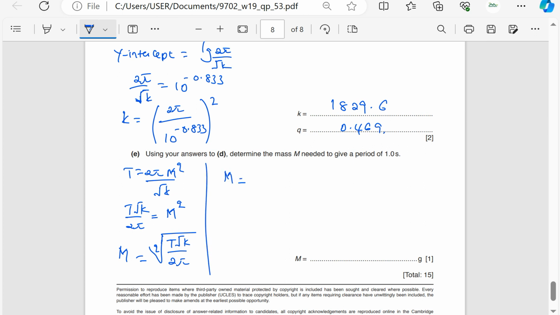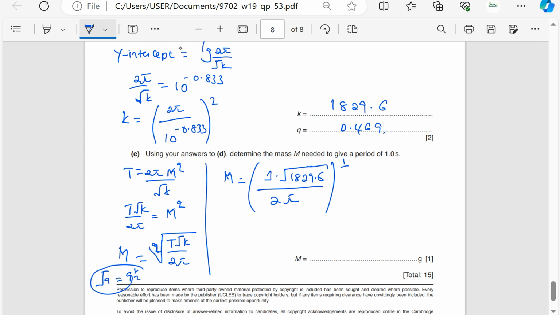Of course the root is a power, so I'll just write a power 1 over Q. This will be in brackets: T is 1 second times the root of K, which is 1829.6, divided by 2 pi, but this will be power 1 over Q, because if you are finding the square root of a number A, it is the same as A power a half.